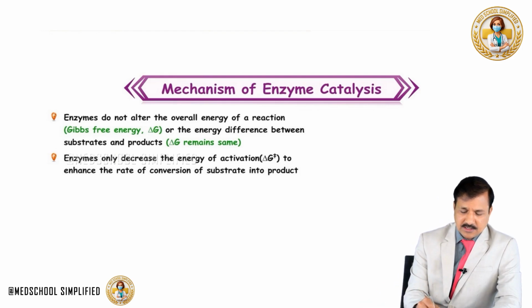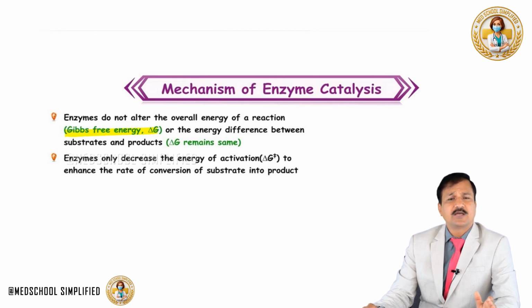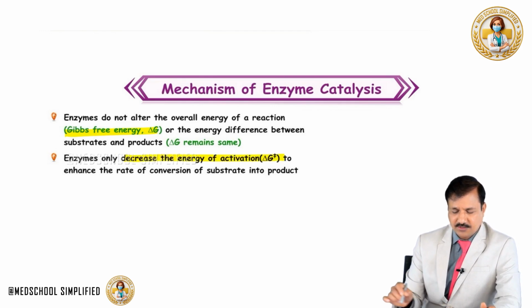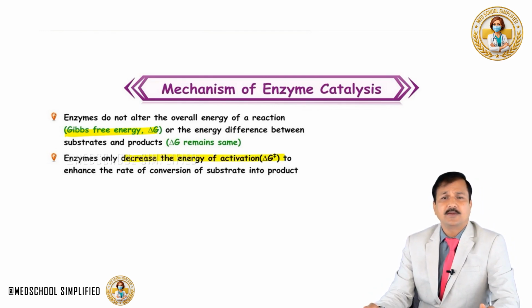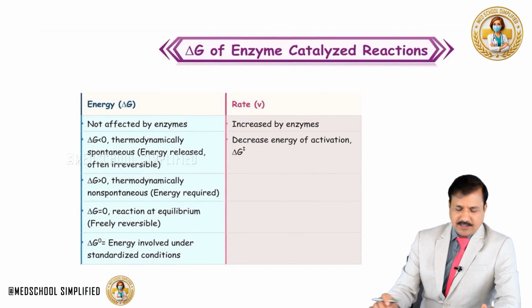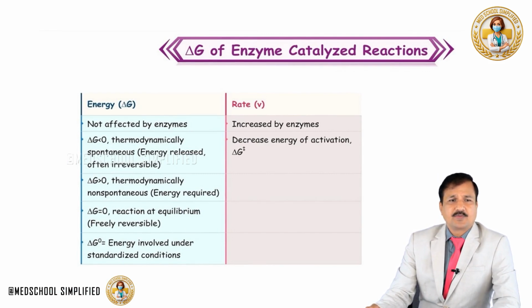So Gibbs free energy remains the same, or the energy difference between the substrate and products remains the same. What enzymes only do is decrease the energy of activation, or delta G plus plus. Now the table here is depicting the energy and the rate of reaction.